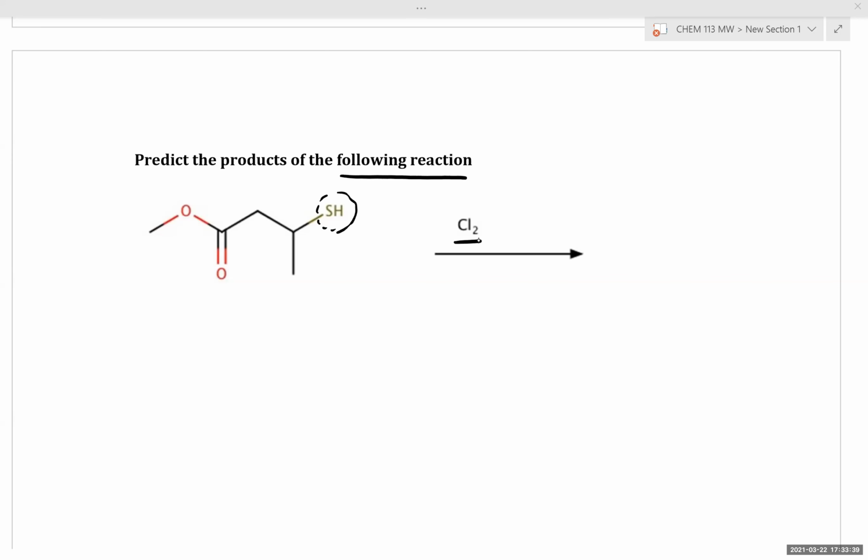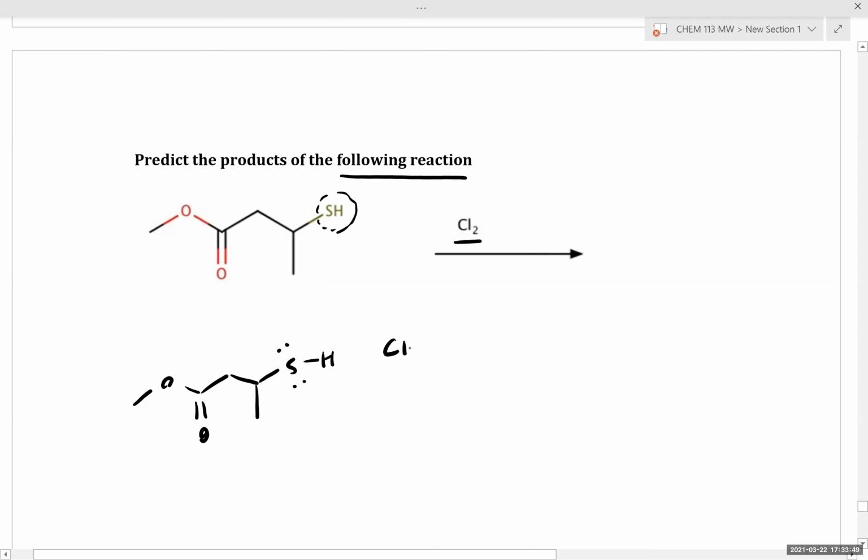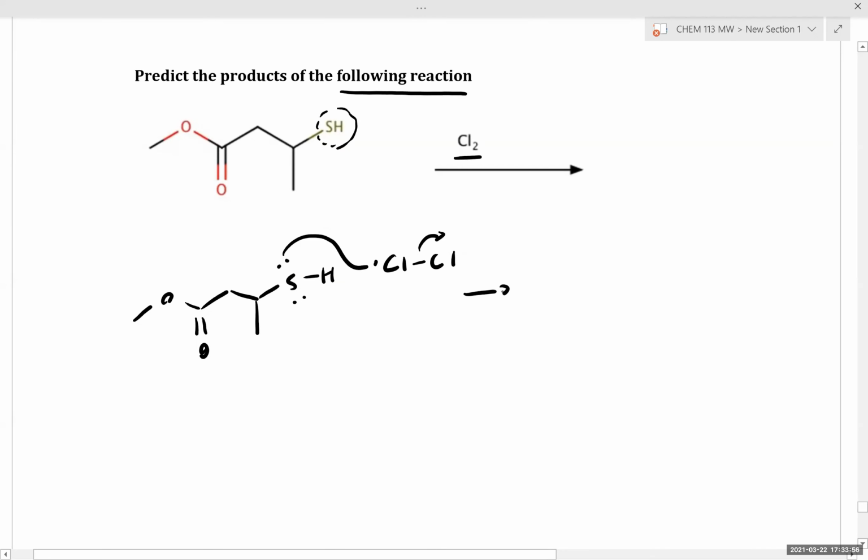To give everyone a hint, I'm going to draw one of the first steps in this mechanism to help us start our thought process. Yeah, the lone pair on sulfur will attack the electrophilic chlorine. We've now activated our sulfur atom as an electrophile.